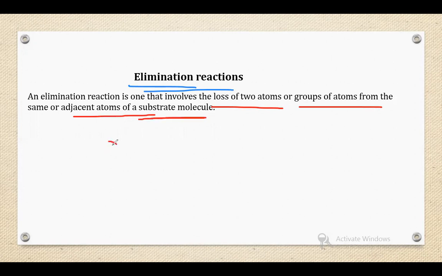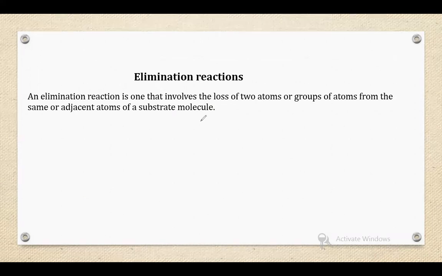The organic reactant is called the substrate. The loss of two or more atoms or groups of atoms takes place from it, and that is called elimination. There are two types of elimination: alpha elimination and beta elimination.